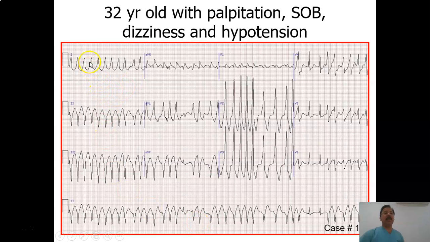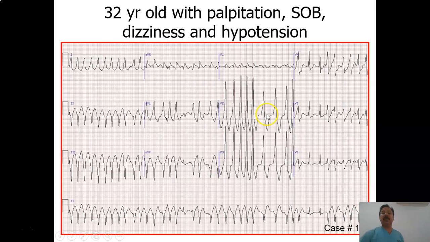Axis, it seems to be a left axis deviation pattern. Hypertrophy should not be commented on in the presence of wide QRS complexes. Bundle branch block, yes, there is a right bundle branch block pattern. ST segment elevation should not be commented on, because these are very obvious tachycardia.